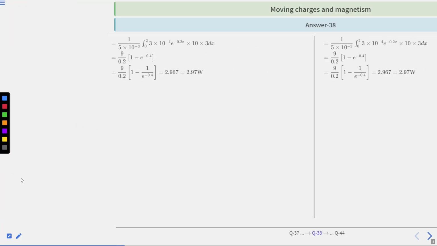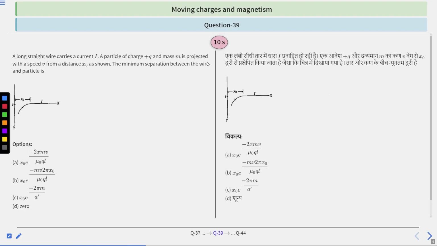Next question. Question 39. A long straight wire carries a current I. A particle of charge plus Q and mass M is projected with a speed V from distance x naught as shown here. This is a long straight wire carrying current I, and a particle of charge Q and mass M is projected with a speed V from distance x naught.